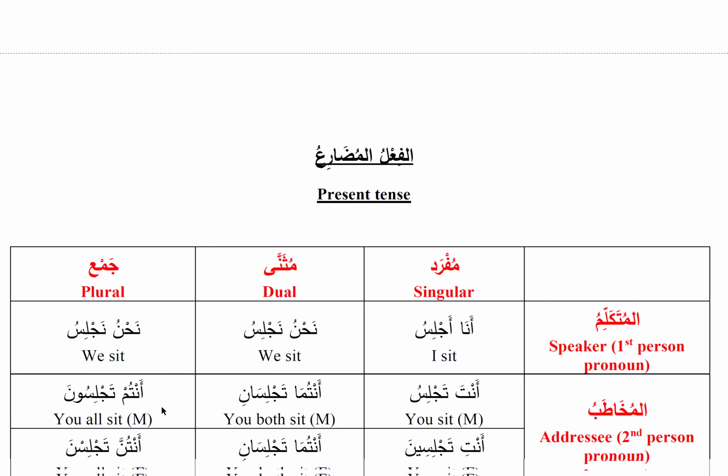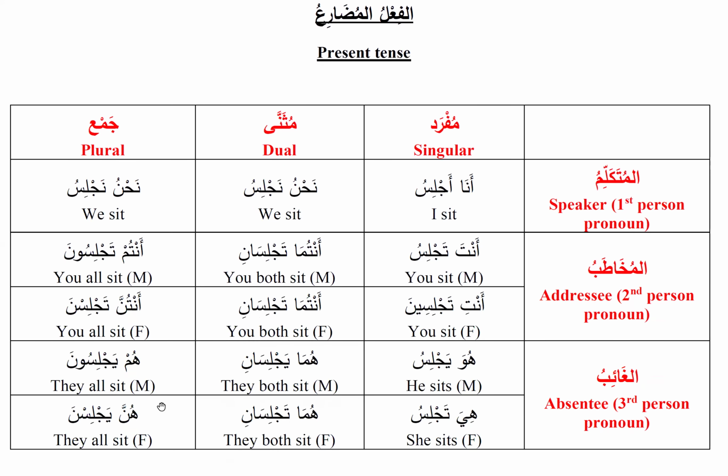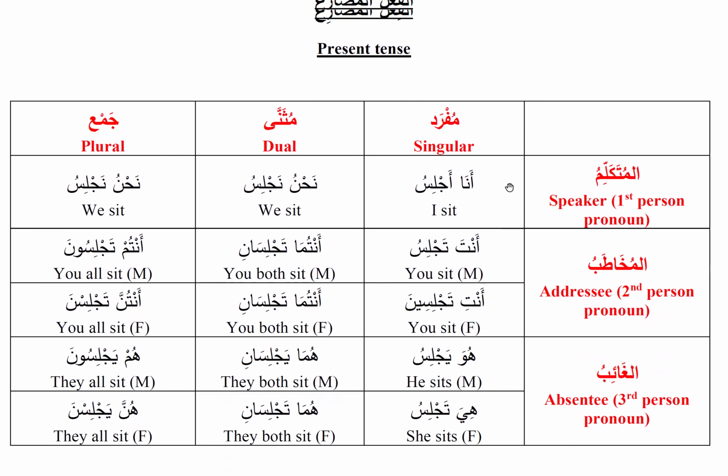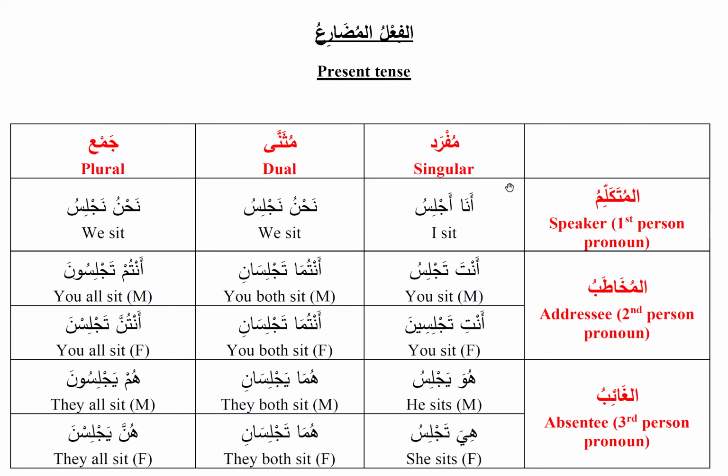Now for fi'al mudari', present tense. The basic thing about fi'al mudari' is that you need to learn that it only begins with one of these four letters, and that is hamza, noon, ya, and ta. You can remember them as anaitu.